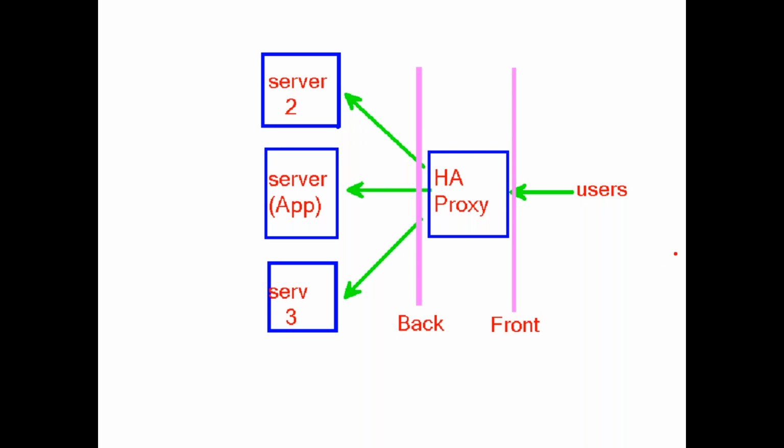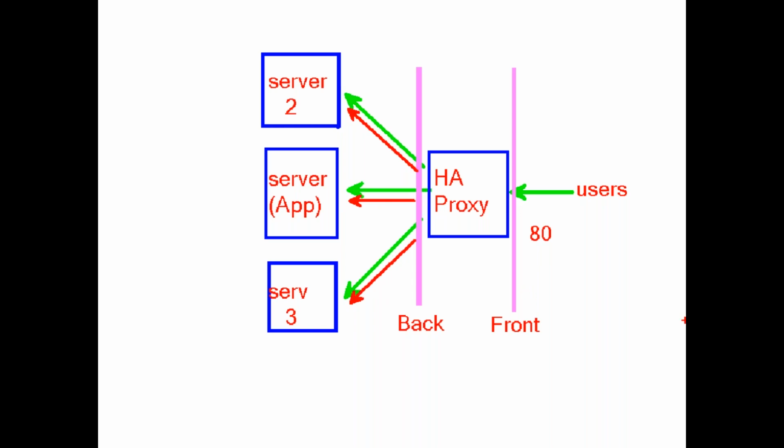The frontend will have a default port like 80. So the request comes to this HAProxy, and HAProxy redirects the request to its backend servers. That is the process in HAProxy.